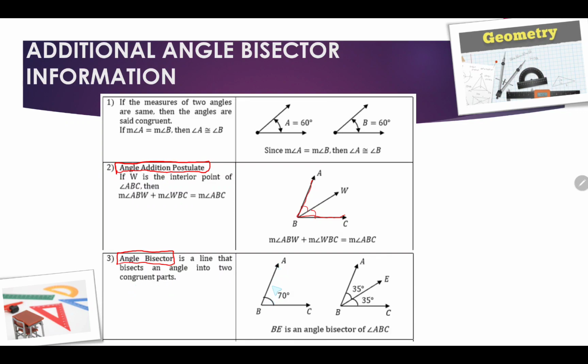Let's say we have here the angle ABC equals 70 degrees, and then kat sini ada satu line E, di mana E ni membahagikan angle ni kepada dua measurement yang sama, 35 and 35. So we can say that this line BE is an angle bisector of angle ABC. Dia mesti bagi sama ni lah sudut kiri dan kanan dia.